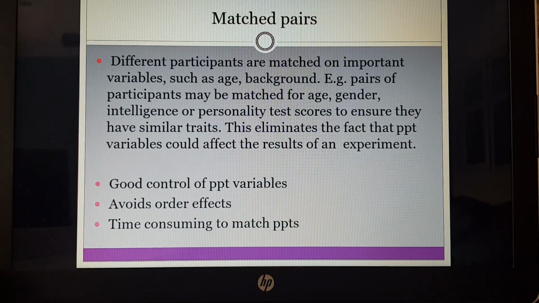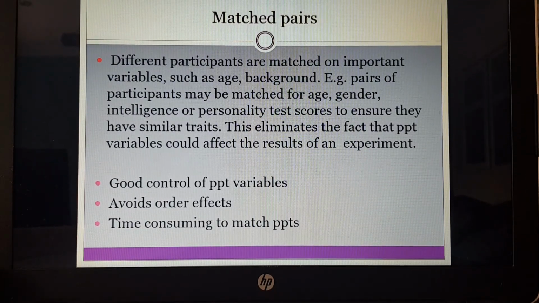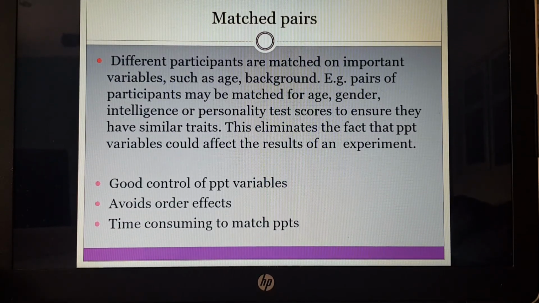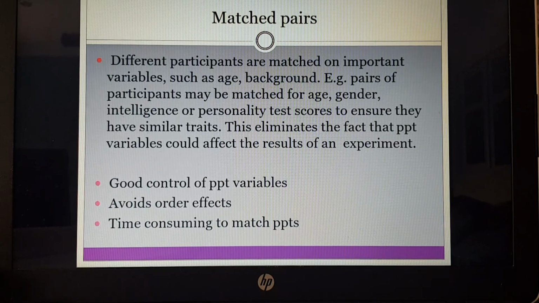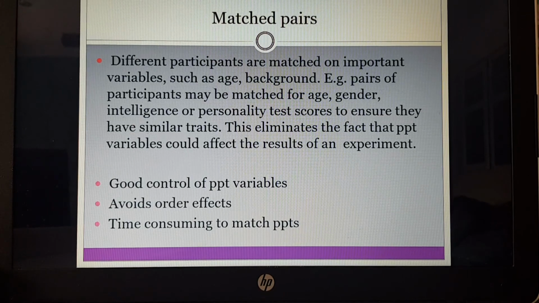In matched pairs design, finally, different participants are matched on important variables. So we're controlling the variables and factors that participants have. For example, we might make sure they are all the same age or from the same educational background.